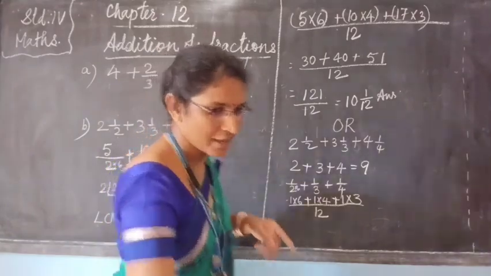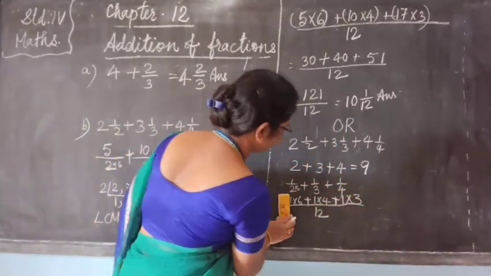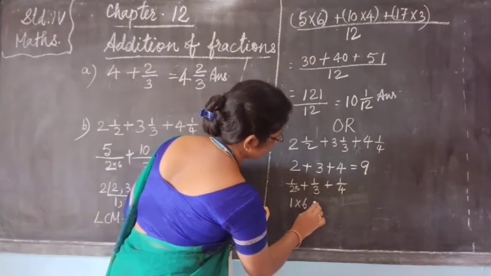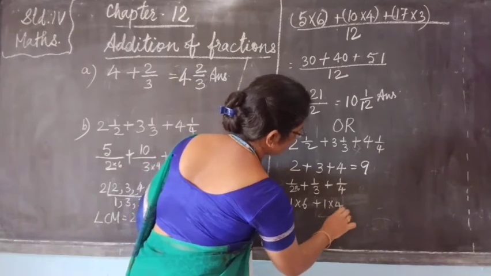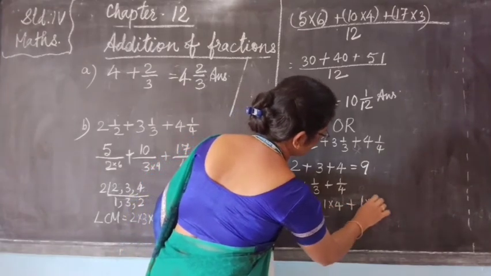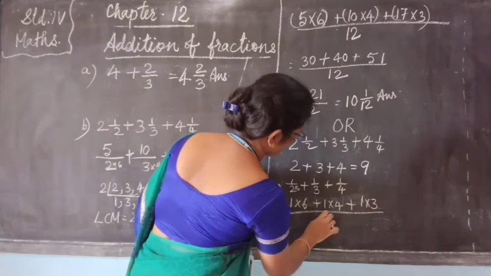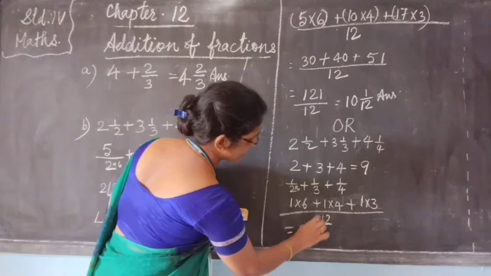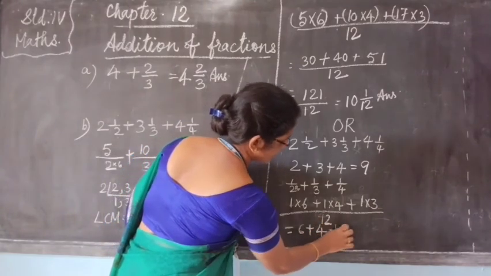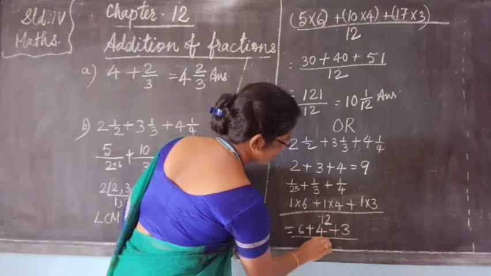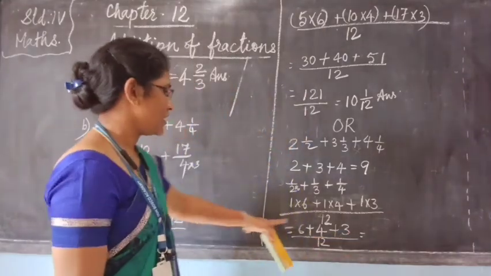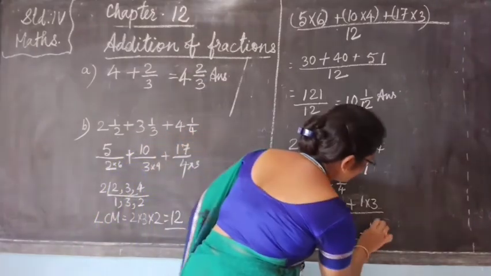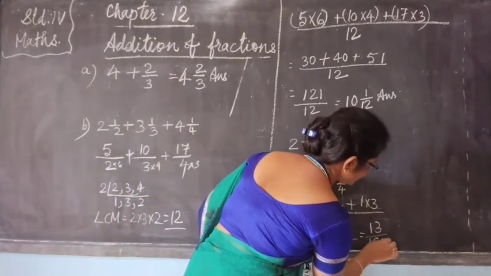Now the next step, I will write it a little bigger. 1 into 6 plus 1 into 4 plus 1 into 3 by 12. Now 1 six is 6 plus 1 four is 4 plus 1 three is 3 by 12. It becomes 6 plus 4 is 10, 10 plus 3 is 13, 13 by 12.